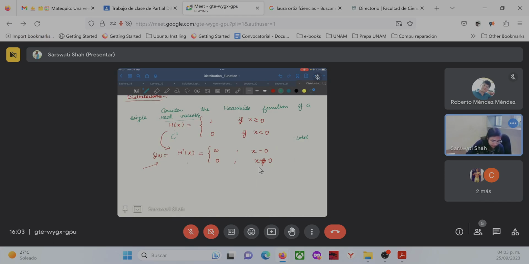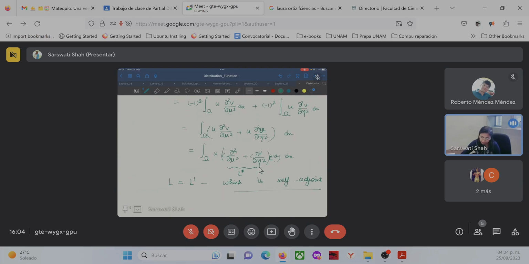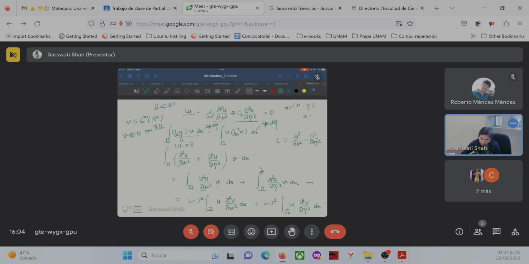So this H is not differentiable, certainly. You guys already know a lot of things, but if it had a weak derivative H dash s, then what was the definition of the weak derivative?